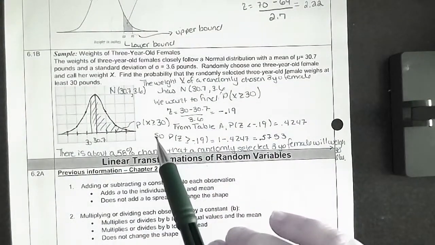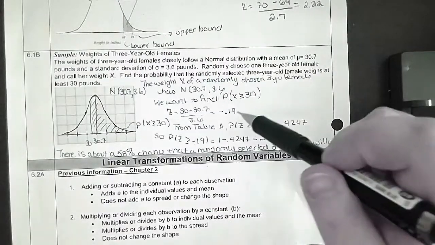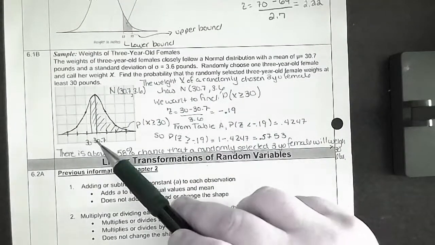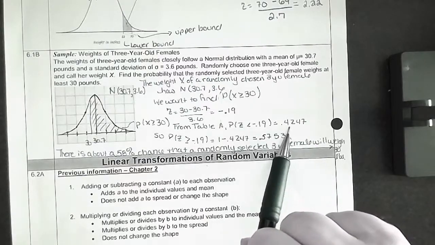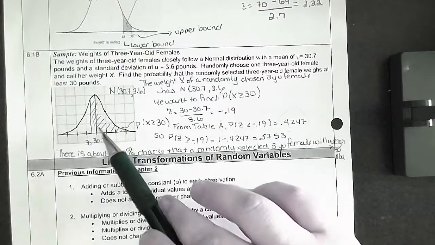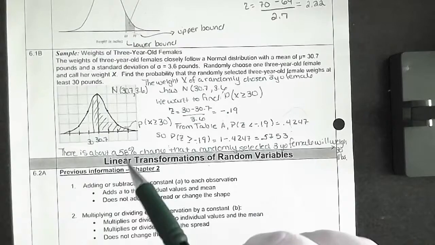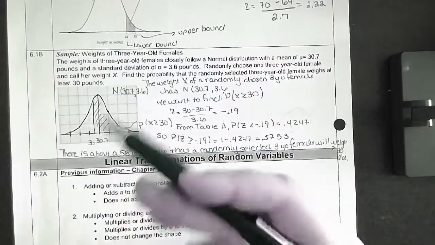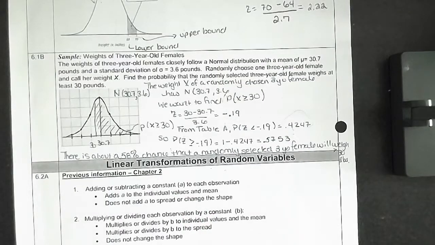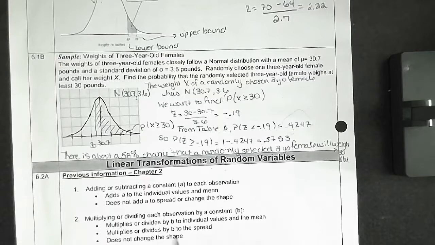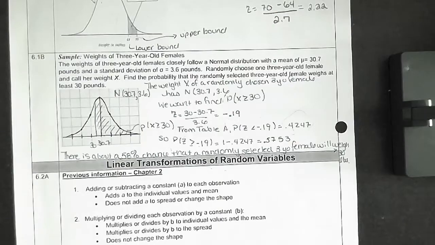You get the z-score for 30 pounds, which is negative 0.19. Then you find the area, but because it's above, you have to do 1 minus that area. If it's above a value, you have to do 1 minus that specific area. If you're doing below, it's fine; it's exactly what the area is off of your table.